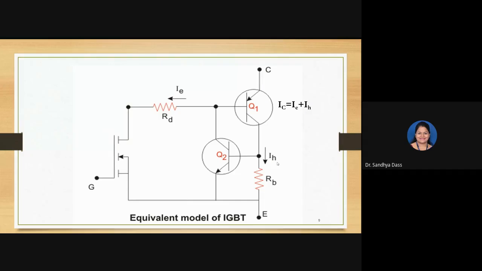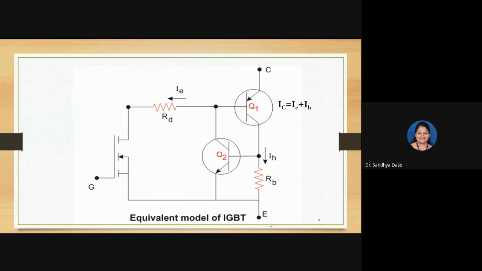If the collector current exceeds some threshold value ICE, then this parasitic transistor gets latched up. Latched up in the sense that the gate terminal loses control over the collector current. The IGBT fails to turn off even when the gate potential is reduced below VGE threshold, that is the threshold voltage across gate and emitter.